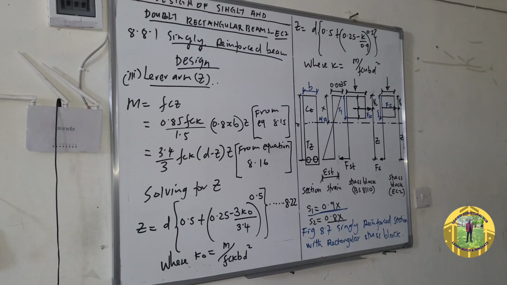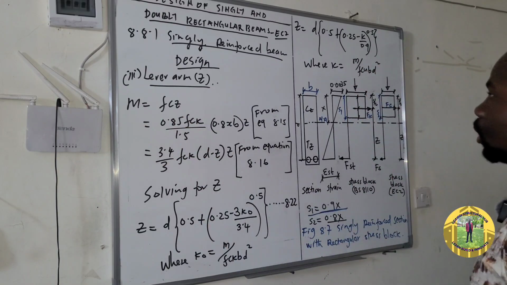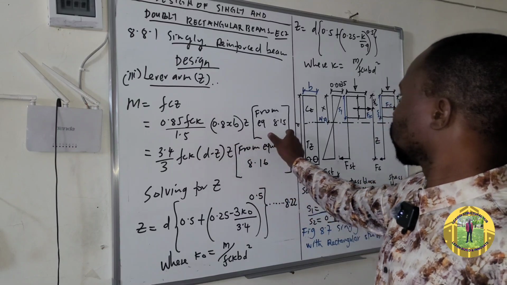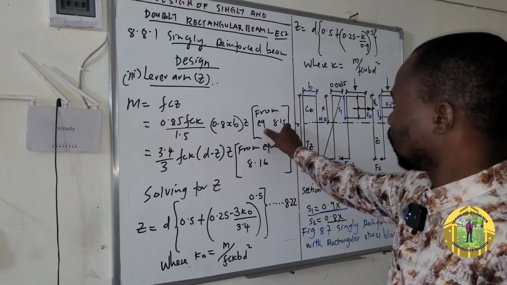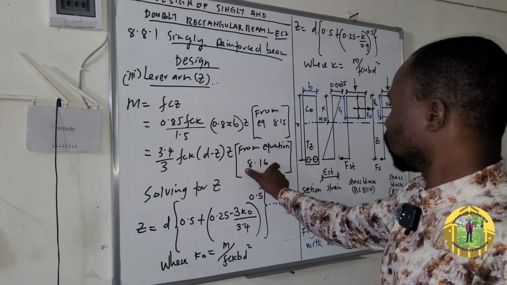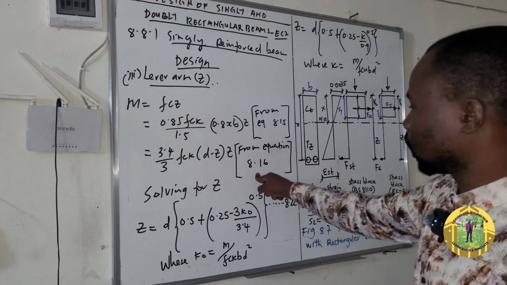So number 3 is lever arm, or Z. M is equal to FCZ, and we can obtain this equation from equation 8.5 from our previous derivation, and we will also obtain this equation from equation 8.16.